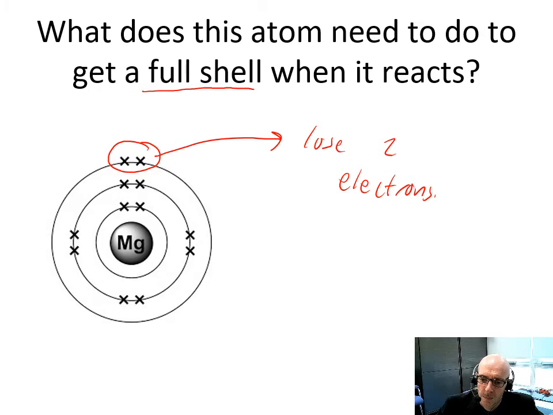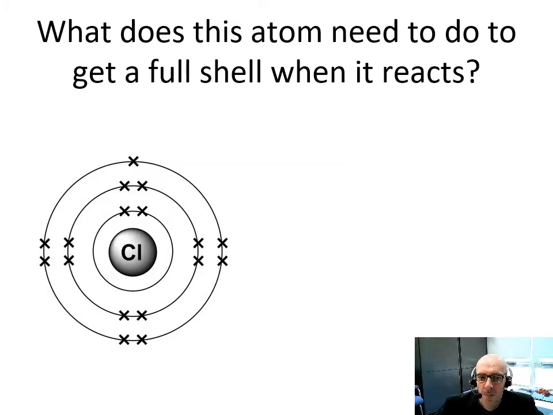You are correct. If you thought something different, have a look at it. It's got 2 in the first shell here, that's full. It's got 8 in the next shell, and then it had 2, and they're the 2 it loses. And then it would be left behind with a full shell on the outside, which is what rule number 9 says. They all want a full outer shell.